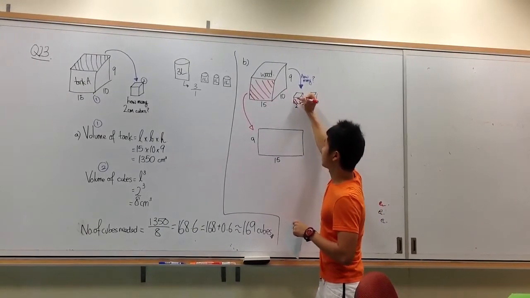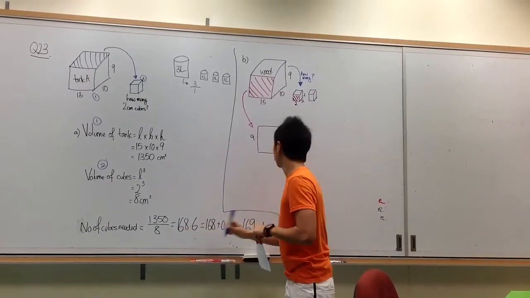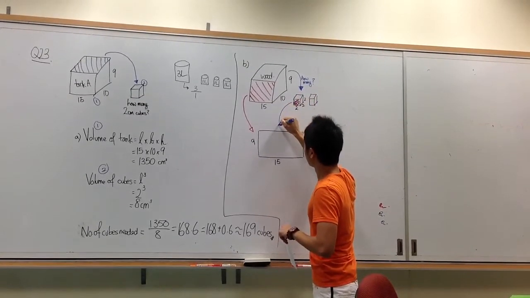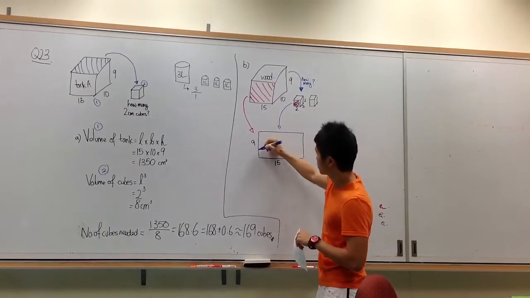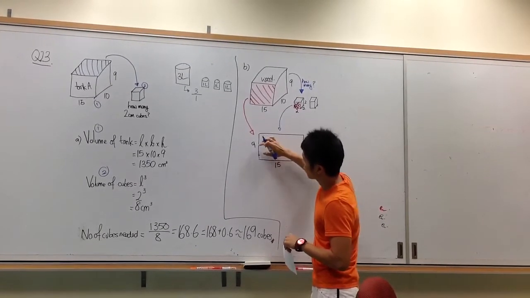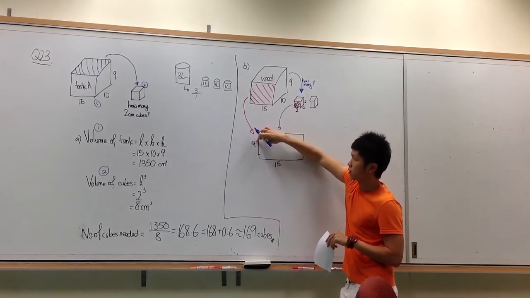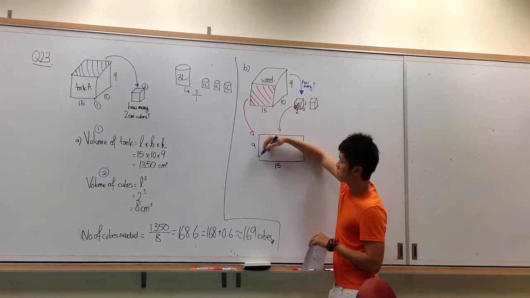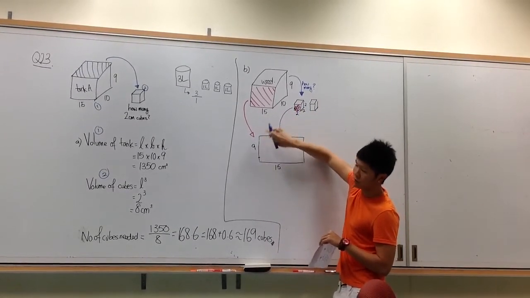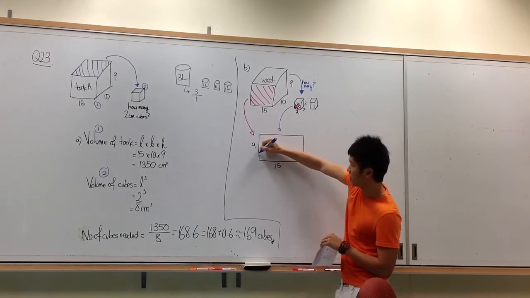Actually, any side is fine because they are all the same. If you try to fit in the 2 cm squares, let's say we take the side with the length of 9 cm first. How many 2 cm can you fit into this line of 9 cm? 4, right? Because 4 times 2 is 8.